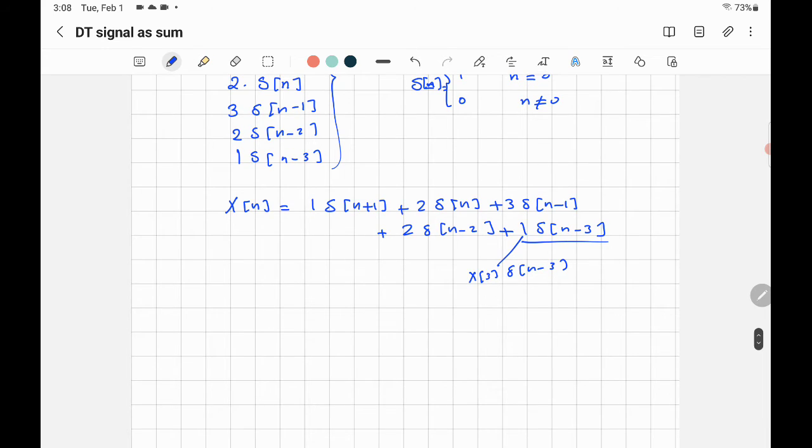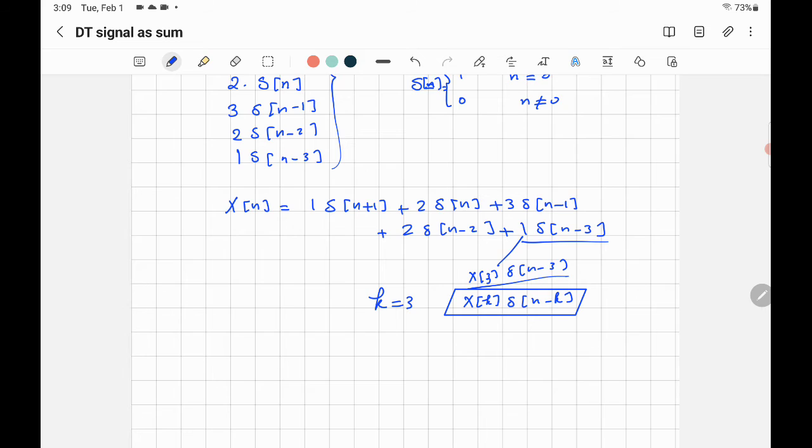If you like to choose another index name, like say k is equal to 3, then instead of writing 3, replace it by k, and you will write it as x of k delta n minus k. So this is a general term, you can use it for any one.